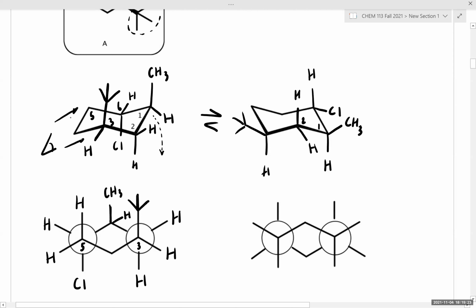So we're able to convert this chair conformation into a Newman projection. We talked about this in the chapter 4 lecture. Does this make sense to everyone so far? Any questions on how we obtained this Newman projection?